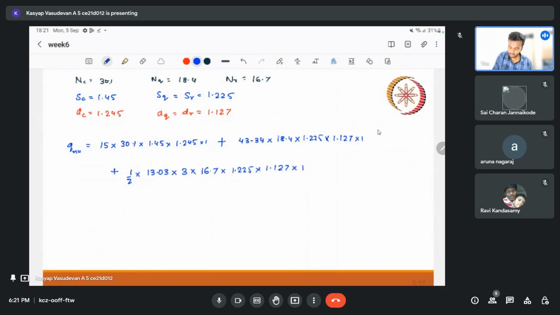This is our ultimate, so we have to subtract gamma Df. So gamma Df can be written as 19.7 into 2.2. This turns out to be 2323.3 kilonewton.